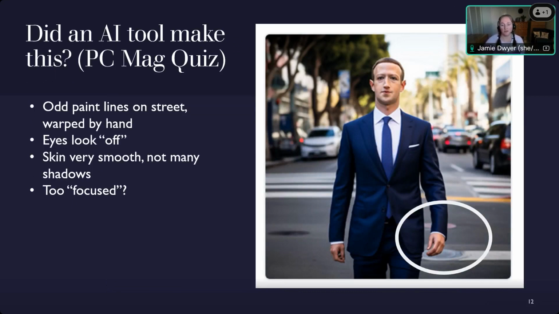But to me, the biggest red flag in this one was that there's a hand by the left hand. There's some warping in the paint on the street. So that's kind of a glitchy thing that's happening, right? The eyes look kind of off as well. It's kind of hyper focused again, right? There's lots of shadows in the background, but not really on their face.